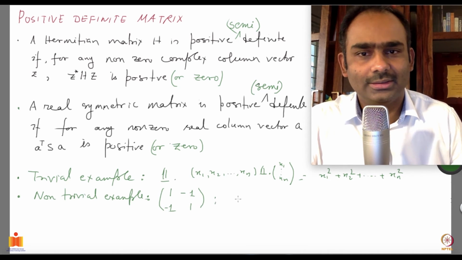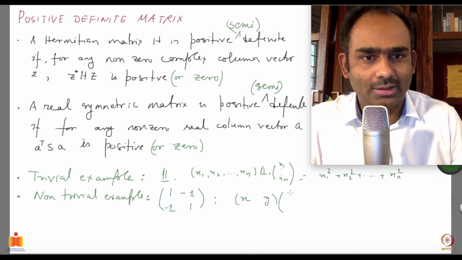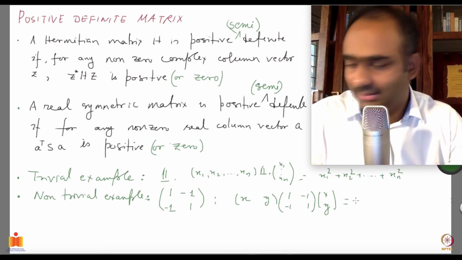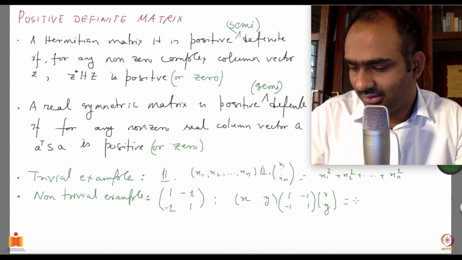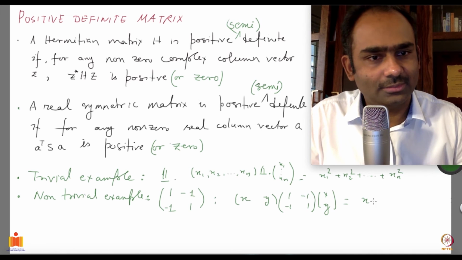Let's sandwich x, y, or you could have written x1, x2, doesn't matter, with 1, minus 1, minus 1, 1, and x, y. I'm taking any x, any y. And what you get here is (x minus y) square.